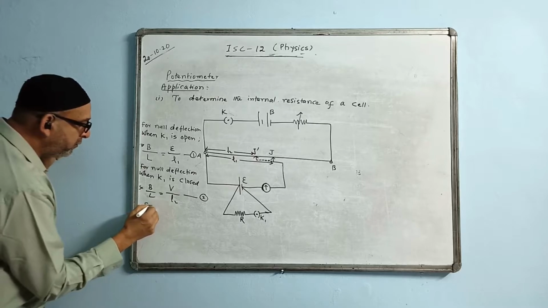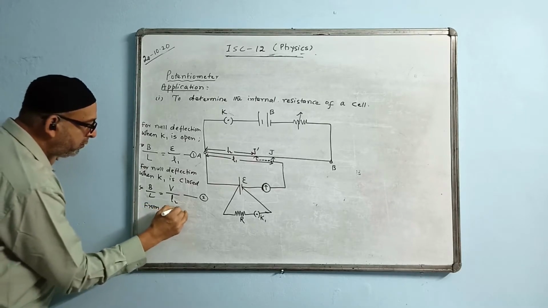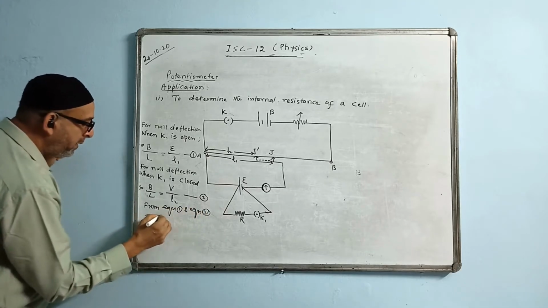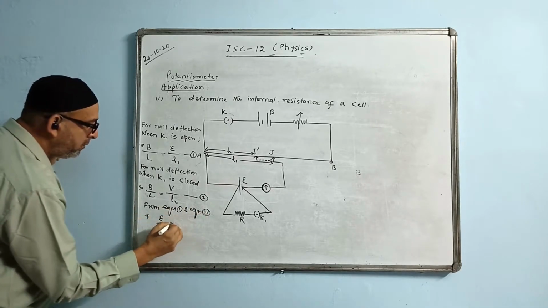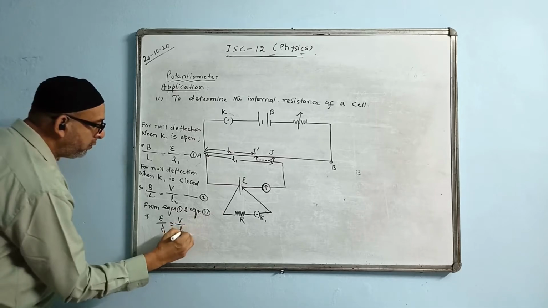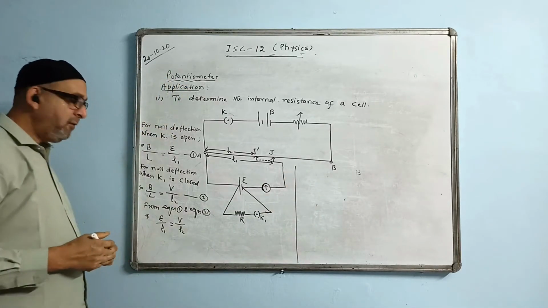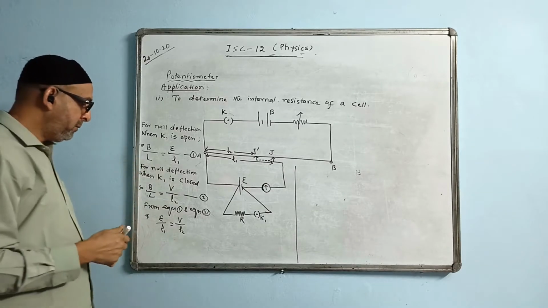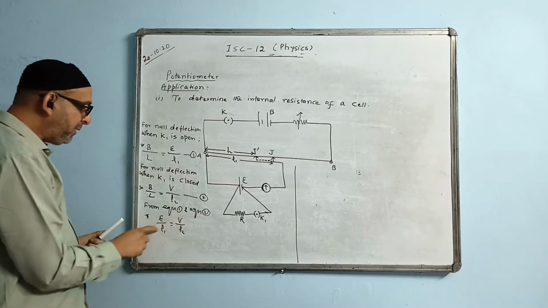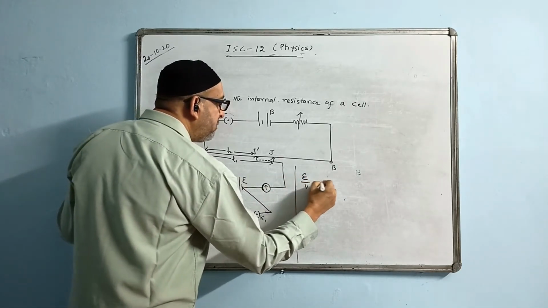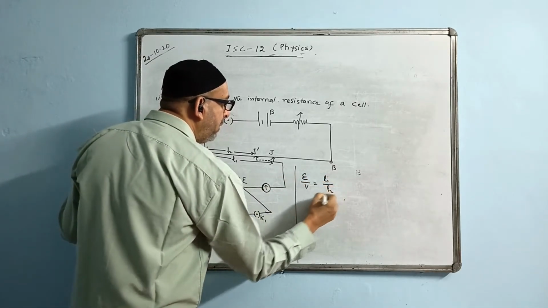Now the left hand side is equal, therefore these two will be equal. From equation 1 and equation 2 we will be equating, right? E by L1 is equal to V by L2. Now we carry on and find a formula for r. How do we find this? V I take down and L1 will go there. So we get E by V is equal to L1 by L2.